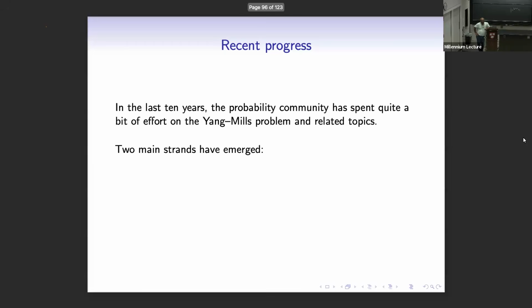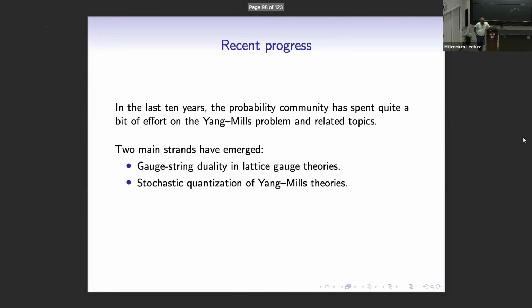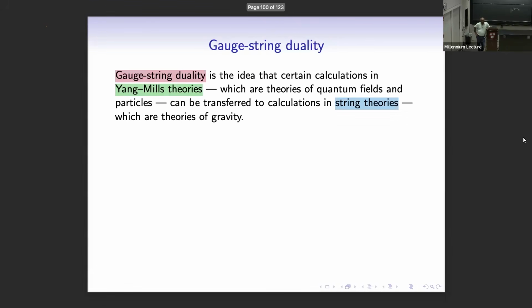So two main strands have emerged in these recent investigations. One is gauge string duality in lattice gauge theories. I'll briefly tell you what that is. And the other is stochastic quantization of Yang-Mills theories. These are both just in the beginning stages. There aren't huge results in either of these, but there has been some progress. So let's now briefly discuss these, and then I'll conclude.